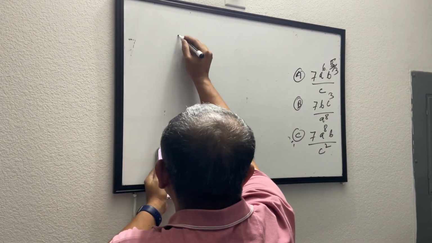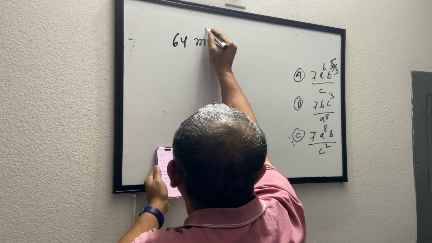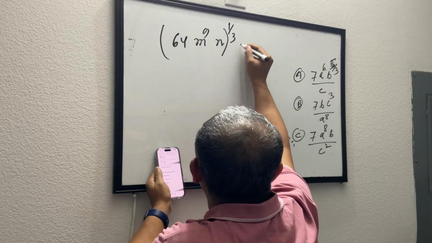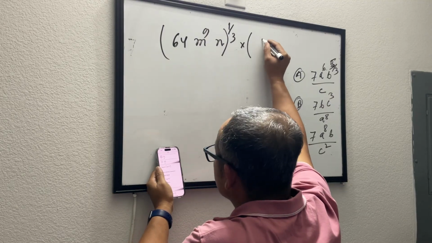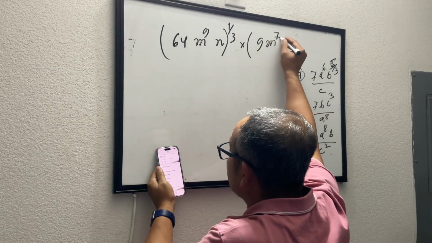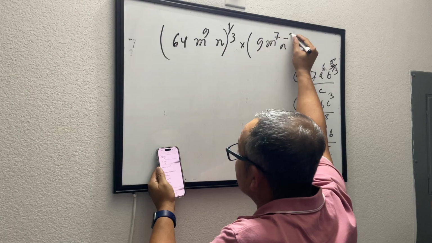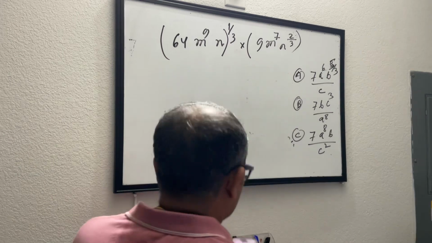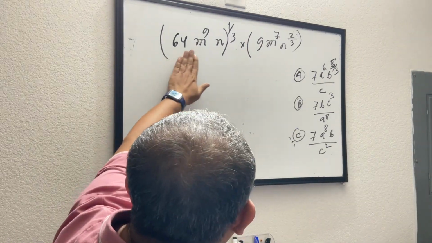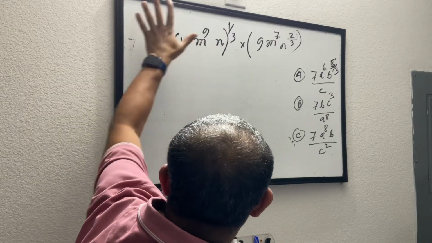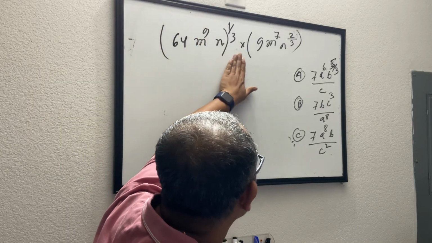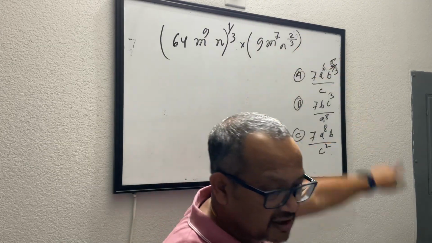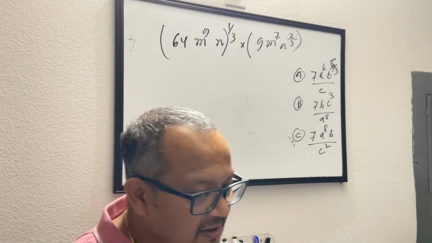Here you have a question: 64 m to the power 9 n, whole thing to the power 1 by 3, into 9 m to the power 7 n to the power minus 2 by 3. Is everybody able to see the question on the board?